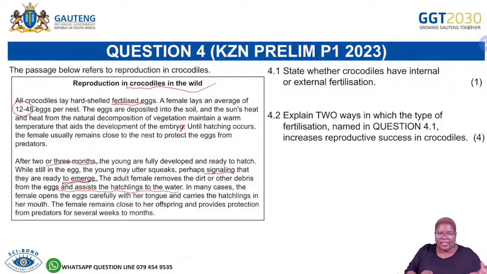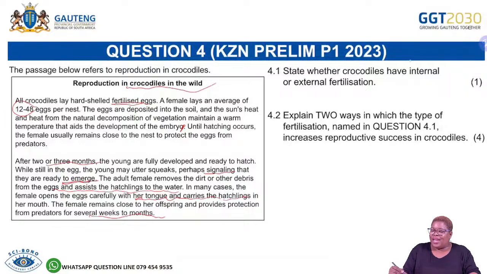They signal that they are ready to hatch out, right? Then the female opens the egg carefully with her tongue and carries the hatchling in her mouth, right? The female remains close to the offspring and provides protection from predators for several weeks. This is also parental care.